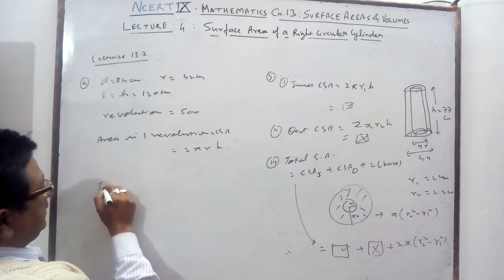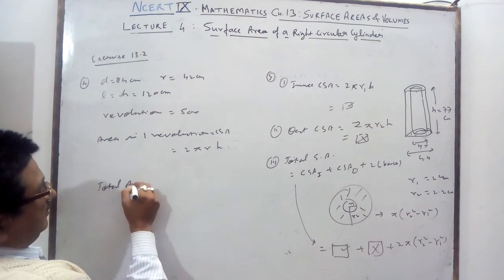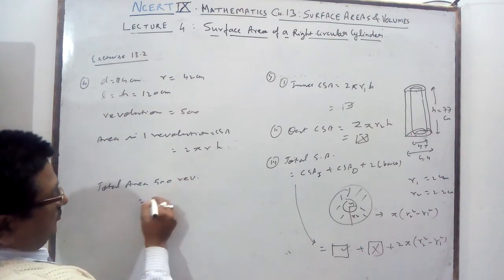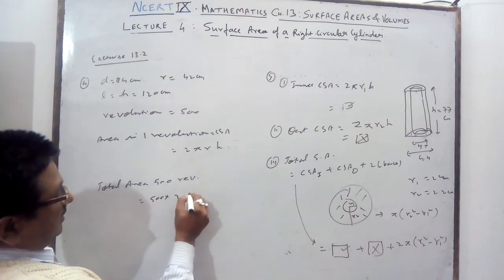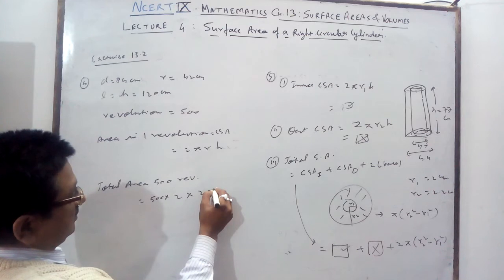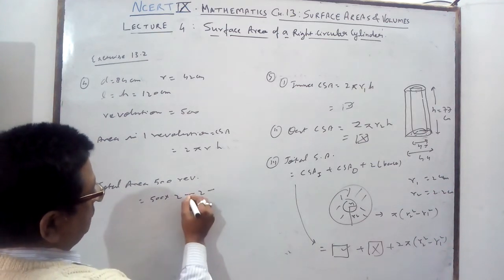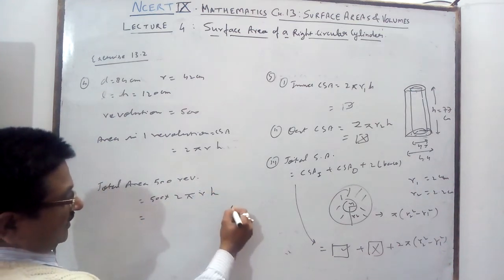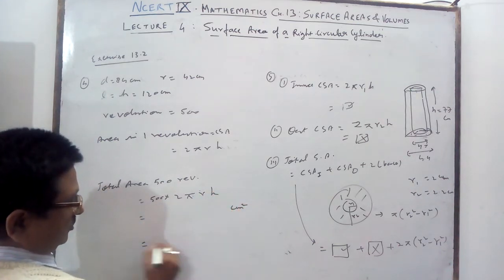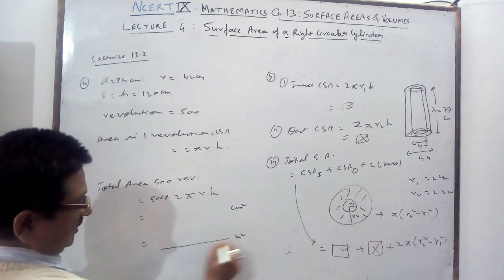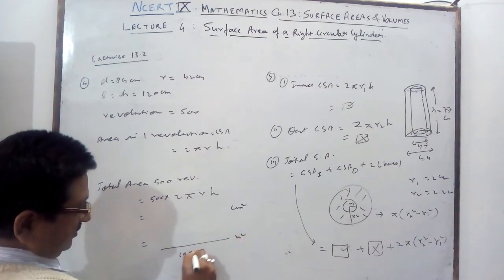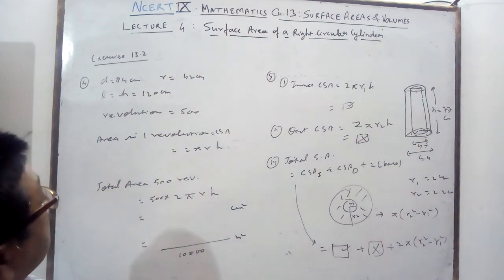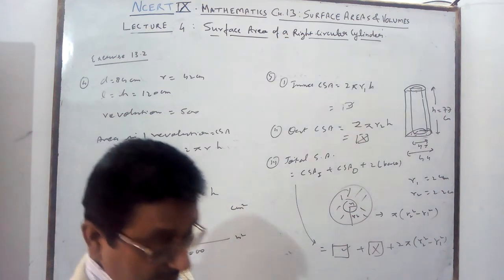So total area in 500 revolutions is equal to 500 multiplied by 2 pi r h. Put the values and you will get the answer in centimeter square. You can convert into meter square by dividing by 10,000, 100 into 100. So whatever answer is coming, you divide and you will get the total area of the ground.